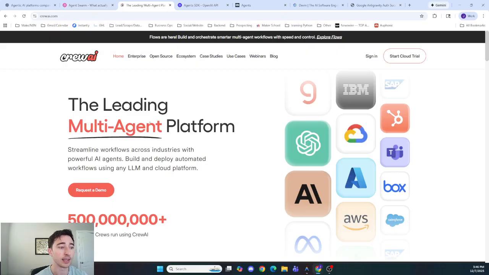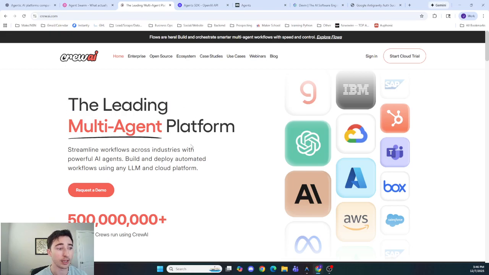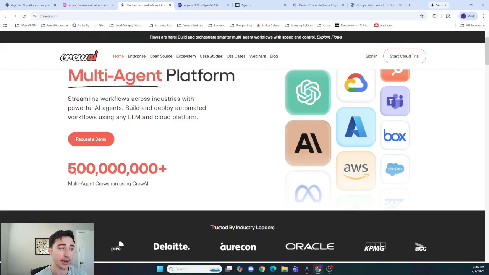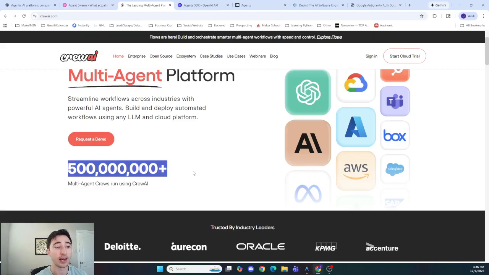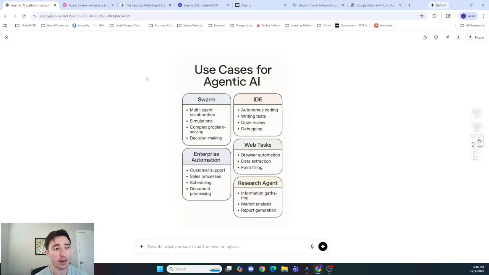And it is the leading, according to them, take it with a grain of salt, multi-agent platform. Apparently they have 500 million agents running and using Crew AI right now. So that's going to be all of these different apps working together for one collaborative goal. Kind of like our workflows, like how we have all these different nodes strung together for one goal. It's kind of similar to that.